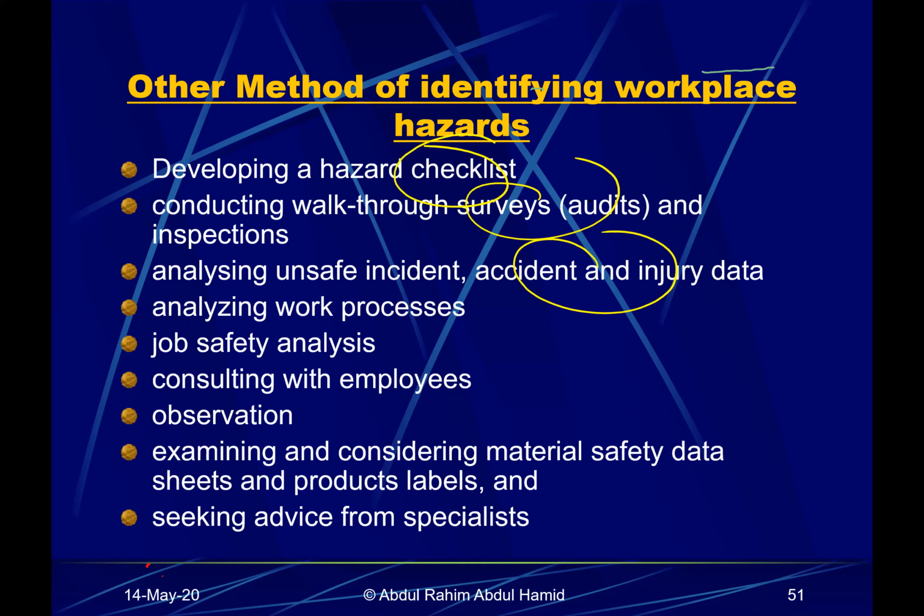Whenever an accident happens, normally the organization will conduct an investigation and they will come out with what we call an accident investigation report. Inside those reports, they must mention the causes of the accident. When they mention the causes of the accident, they could basically mention the source of hazard. So we can get that easily.